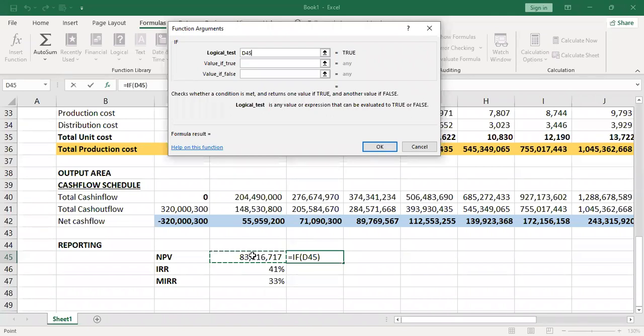They are just smooching each other. Type greater than: you press shift and full stop to get greater than, then you type 0. Click where there is value if true, type accept. Click where there is value if false, you type reject. And then after that you click on OK.